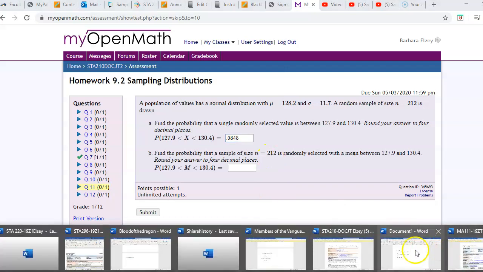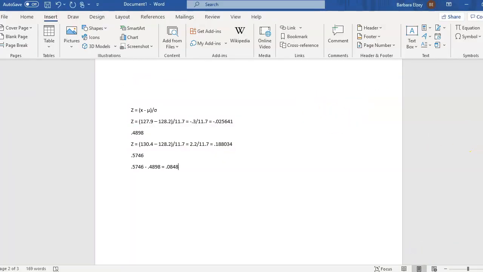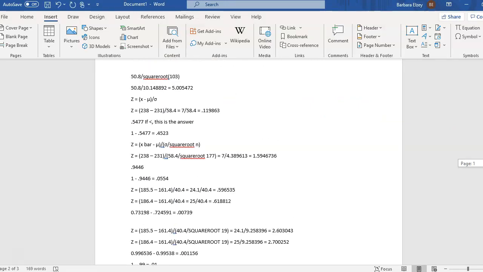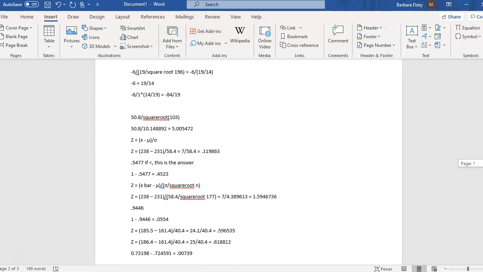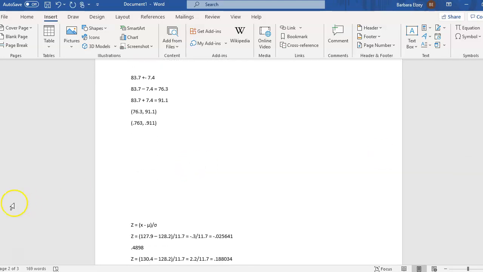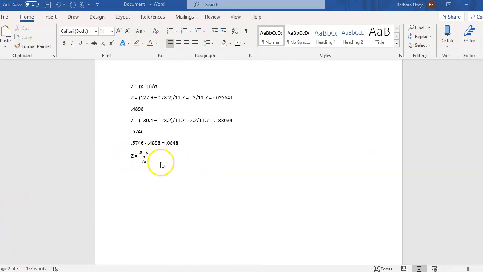Let me see if I can pull that down from a previous example I did. Let me type it out in a better form. So here's that second Z formula that we're going to use every time that we have a sample size. All right, so we're going to do a calculation very similar to what we just did with part A, but our bottom calculation is going to be different.